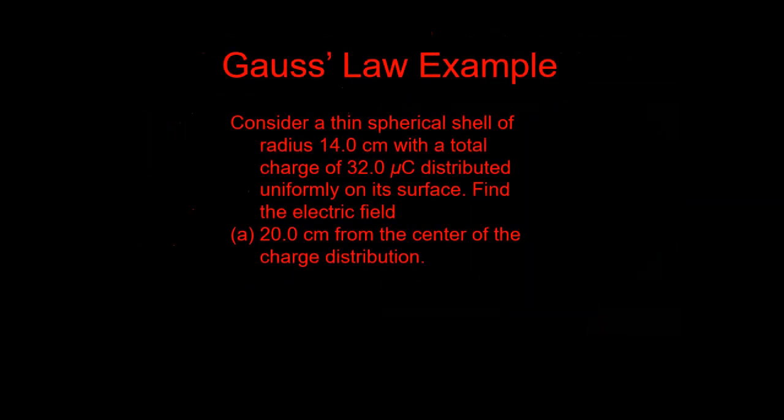So in terms of Gauss's law, let's take a look at a couple of examples. Consider a thin spherical shell here of radius 14 centimeters with a total charge of 32 microcoulombs distributed uniformly on its surface. Find the electric field 20 centimeters from the charge distribution. Well, we have 20 centimeters and we have a charge of 32 microcoulombs.